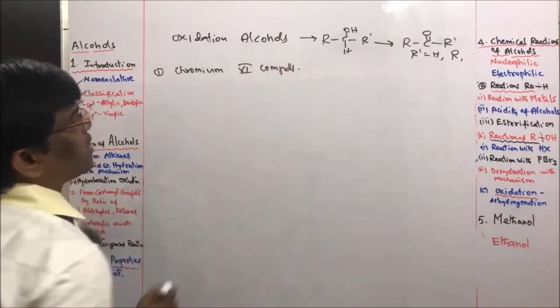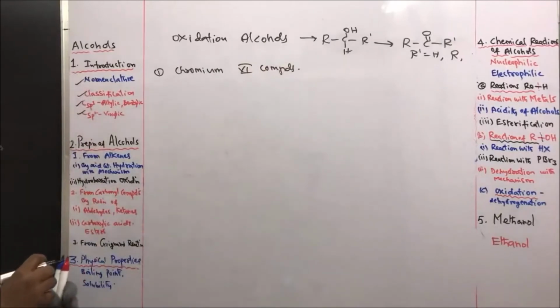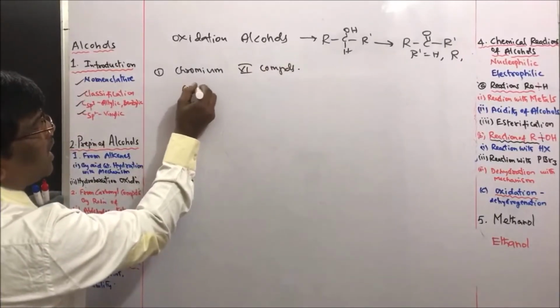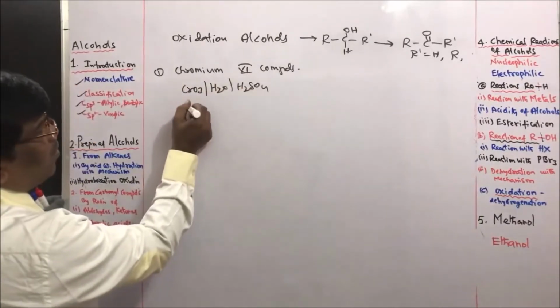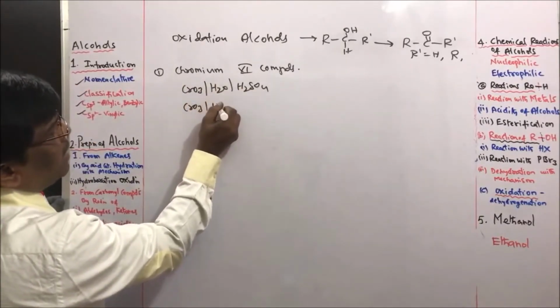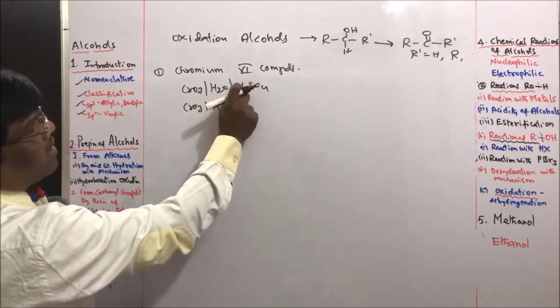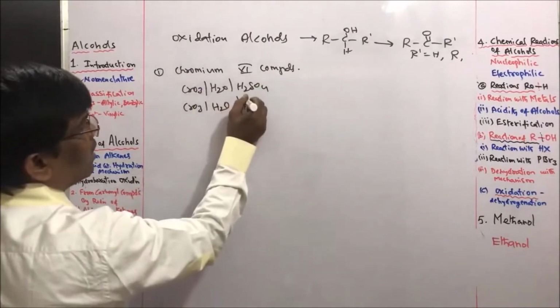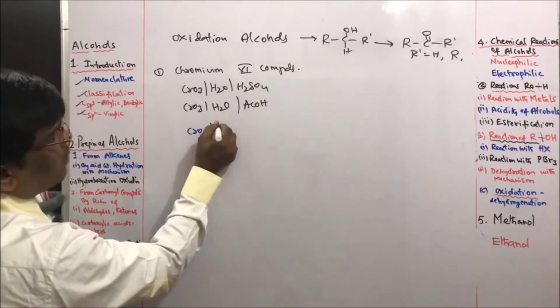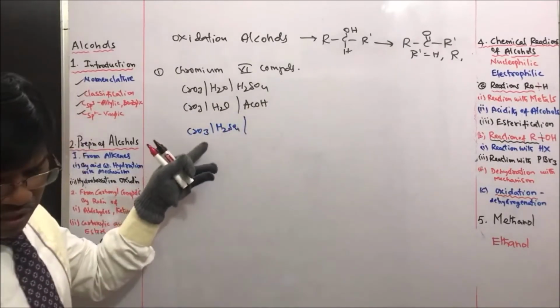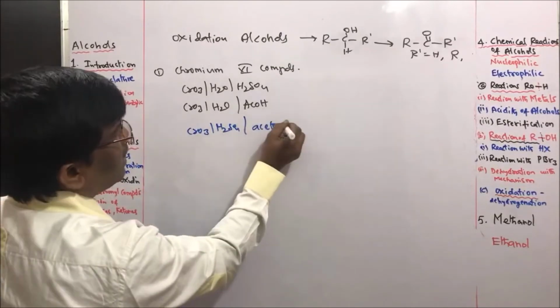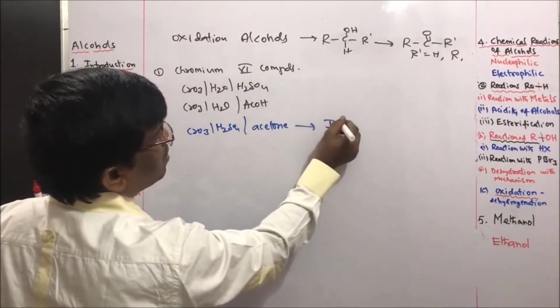I can use chromium trioxide directly in water and sulfuric acid. Since sulfuric acid is very strong, I can use acetic acid, sulfuric acid, and in place of water, if I use acetone, it is known as Jones reagent.